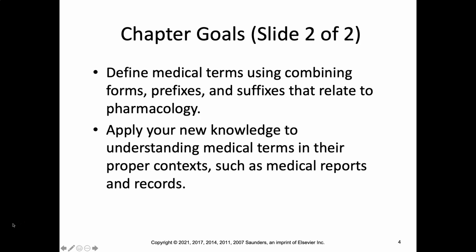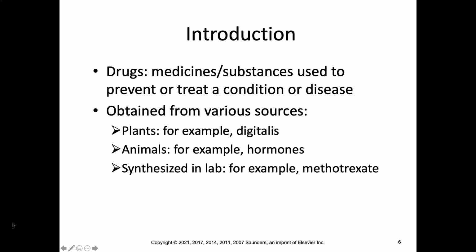Remember our equation, the root plus a combining vowel equals a combining form. And then you have prefixes and suffixes, and then we want to make sure we understand our medical terms in their proper contexts. So let's go ahead and get started.